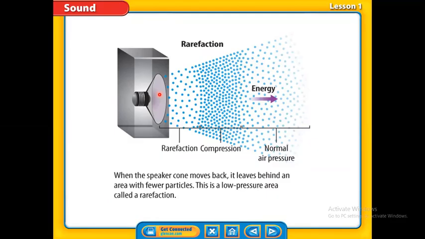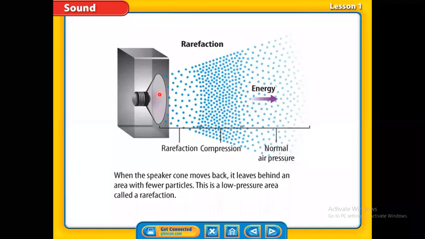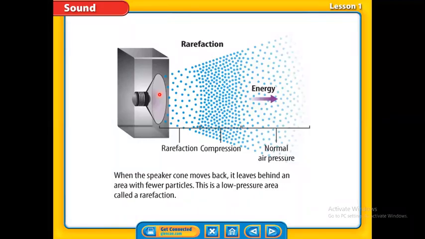Can you guys sense the difference? Do you have any questions about this part? No. Okay, or do you want me to explain it again? No.